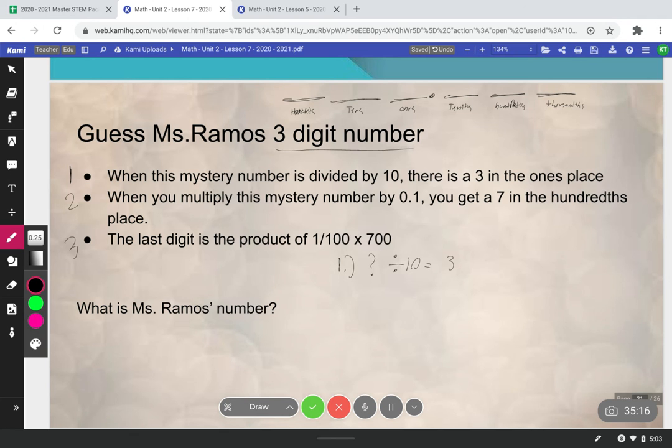So I would need to figure out what number divided by 10 equals 3. 30. 30 divided by 10 equals 3. So the 3 is in the tens place.